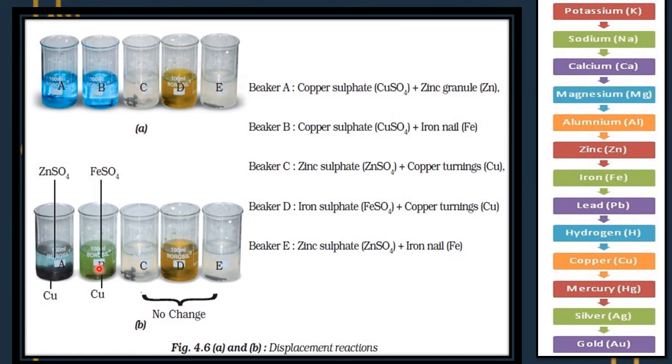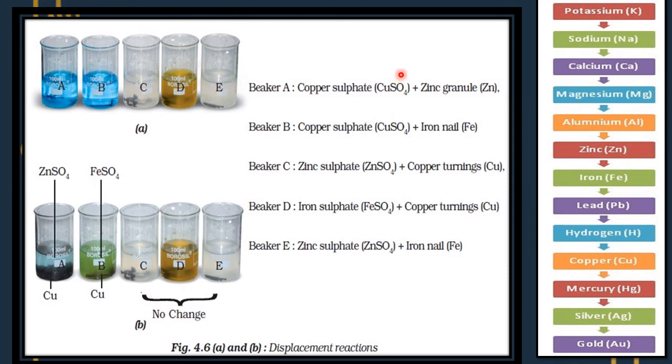In beaker B, it's green in color due to the formation of iron sulfate, or ferrous sulfate, which is always green. But in beakers C, D and E, there is no change at all. Let us try to understand what is actually happening in all the beakers.